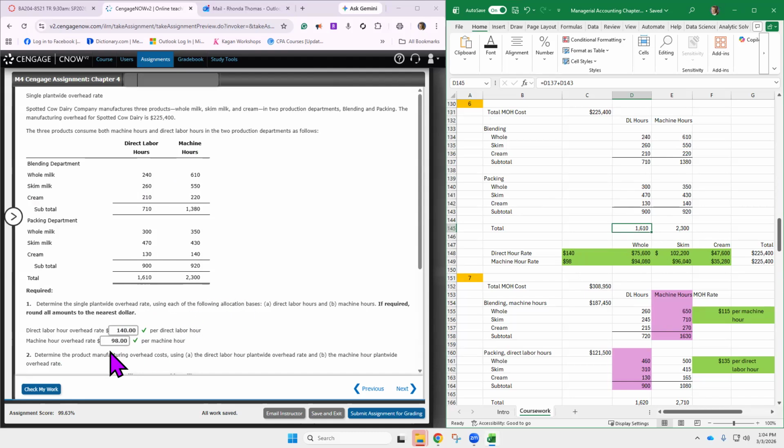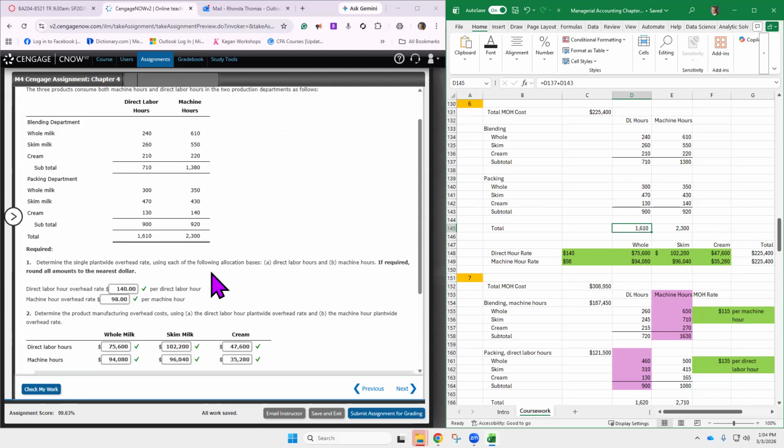Now, the first thing we're going to do is, well, what if we had a single plant-wide rate? In that case, to get that, you would take, and sometimes this takes a little time, we're doing this just for the whole milk, skim milk, cream milk.